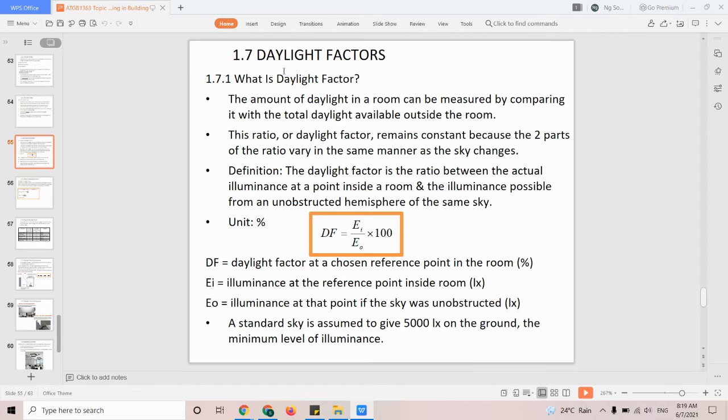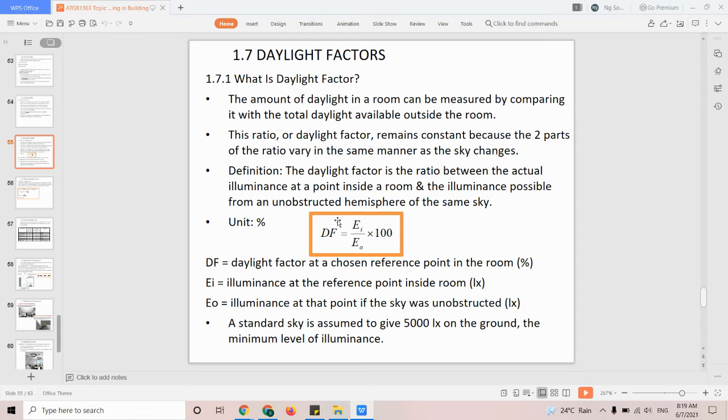Okay, so next we have a daylight factor. So this is actually derived from the sun, the amount of daylight required in a room by measuring it, comparing it to the total daylight available outside the room. So this is just basically a ratio. So we have a formula here.